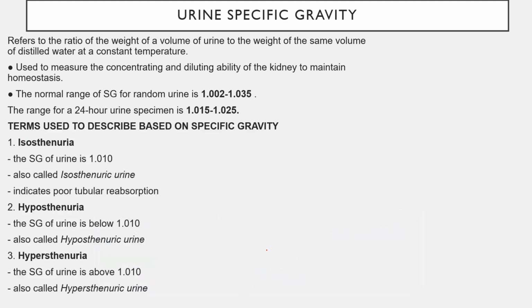Now let's go to the urine specific gravity, class. Now when we say urine specific gravity or specific gravity, this refers to the ratio of the weight of a volume of urine to the weight of the same volume of distilled water at a constant temperature.